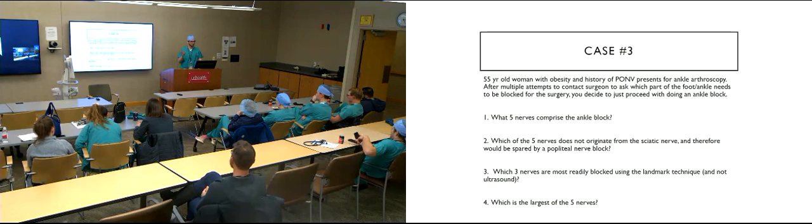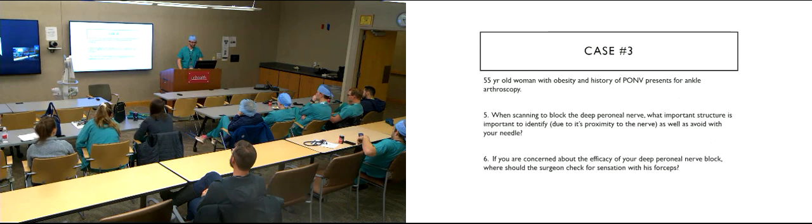It's a neurovascular bundle, so that's definitely something you'll be able to visualize. Deep peroneal is not as easily visualized, but if you deposit local around the dorsalis pedis vessel, then you will be able to block it.